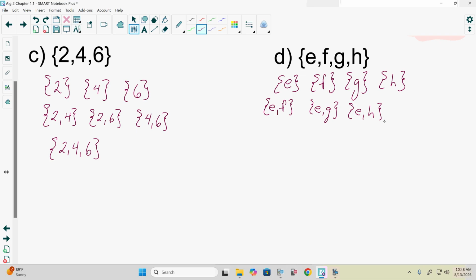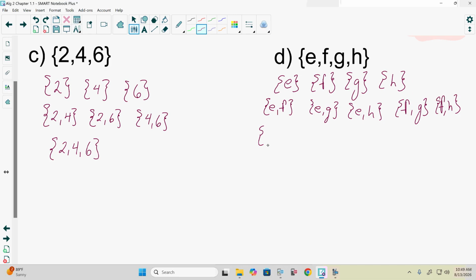But we don't have any more with E, so we can switch from E to F, and we'd have FG, and then FH. Do you have any more that we can do with F?